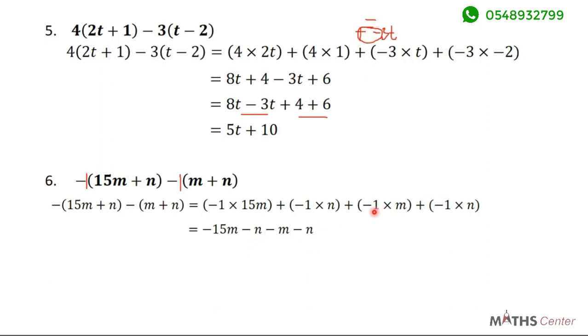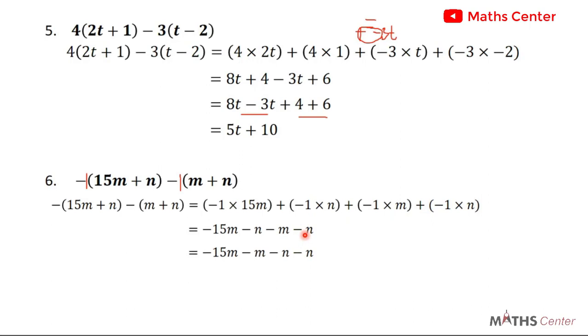Then when you come here, what is in the bracket is giving us minus 1 times m. Minus 1 times m is going to give us minus m. Once again, we have plus and minus meeting, so it changes to minus. Then when you come to the last portion, what's in the bracket is giving us minus 1 times n. We know that minus 1 times n is giving us minus n. Once again, we have plus and minus meeting, so everything changes to minus.